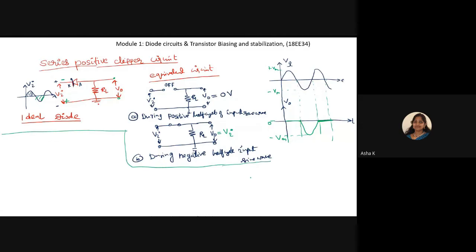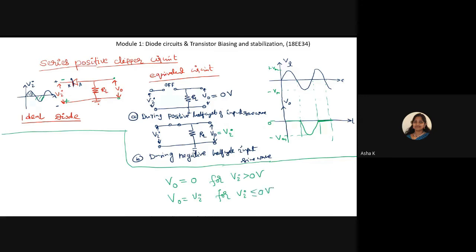For this, we have to draw the equivalent equation. The mathematical representation is: V output is equal to 0 for the input voltage greater than 0 volts. V output is equal to V input for V input less than or equal to 0 volts.